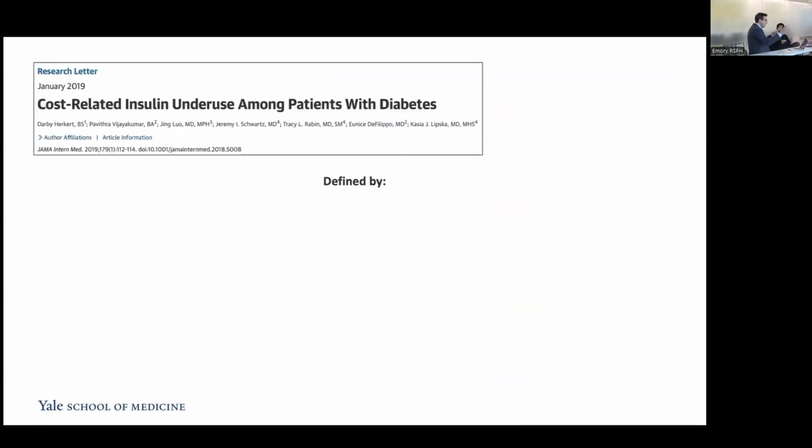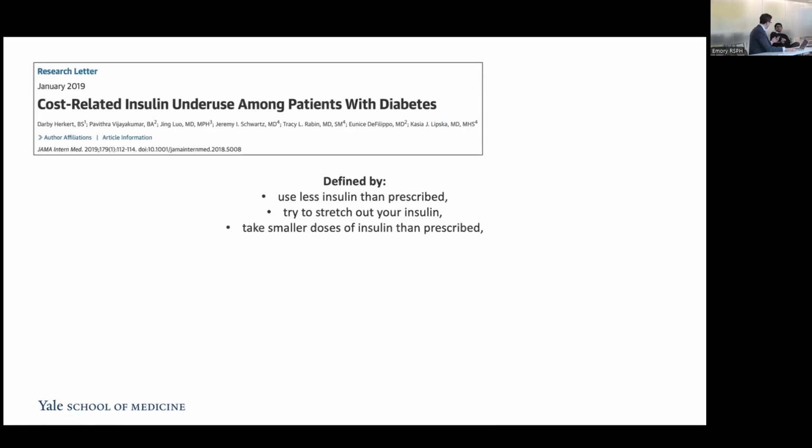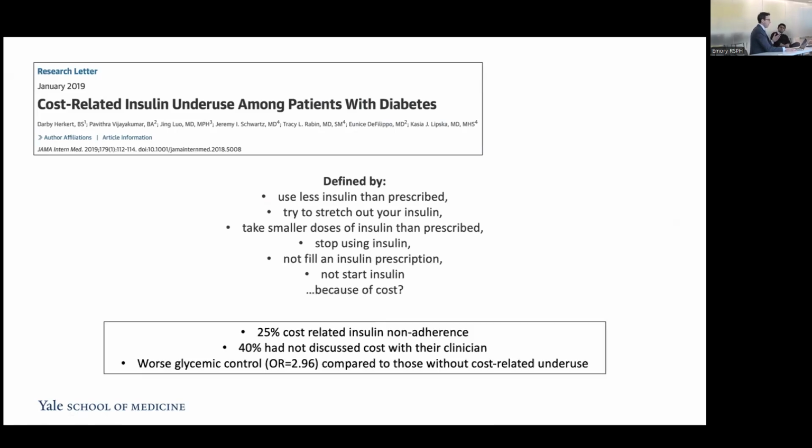And so then shifting back here, Venkat mentioned Kasia Lipska, who we did this project with a number of years ago, where we looked at cost-related insulin underuse here in the States in our diabetes center at Yale, right? We asked patients, we defined cost-related underuse or non-adherence as using less than prescribed, trying to stretch out insulin, smaller doses than prescribed, and a number of other things, all because of cost, right?